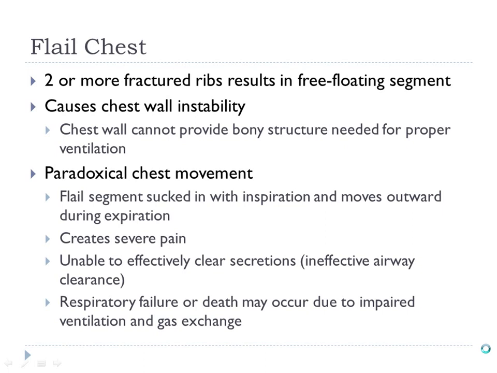There is lots of pain, and this person is unable to effectively clear secretions because they don't have a stable chest wall. When they cough, all of the pressure and expectoration should normally happen out of the upper airways, but where does some of that go? Out of that free-floating segment, right? That pressure goes there, so they can't get enough pressure up through the upper airways to expectorate.